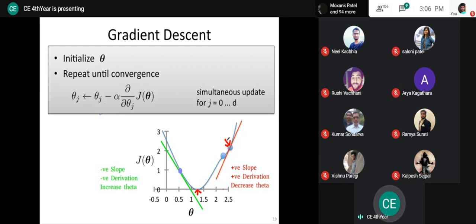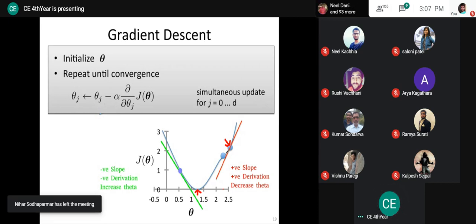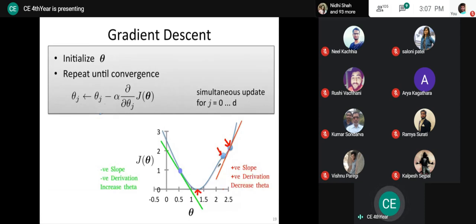As you started from here, the next iteration will increase or decrease theta? It will decrease theta, right? So the next point is, let's say, this one. Then you repeat the process, and the next point will be this one. With this continuation, how do you know that this is the minimum value?